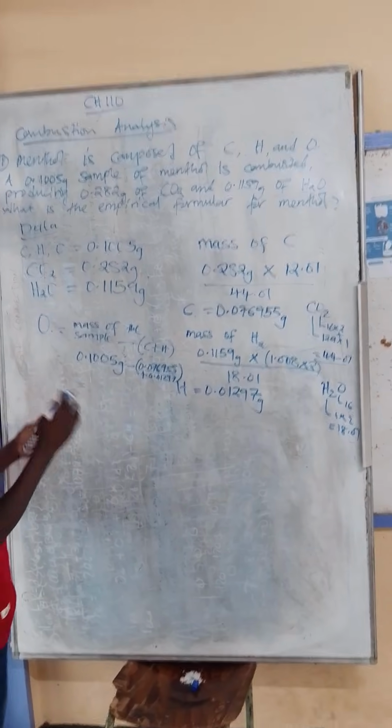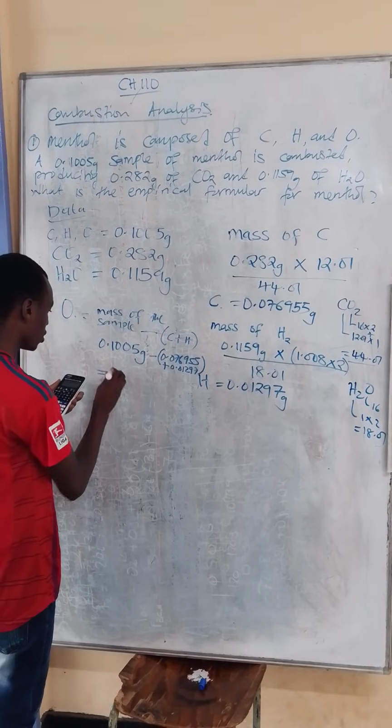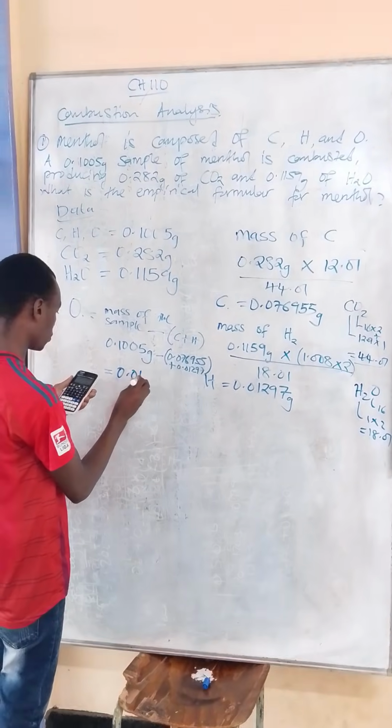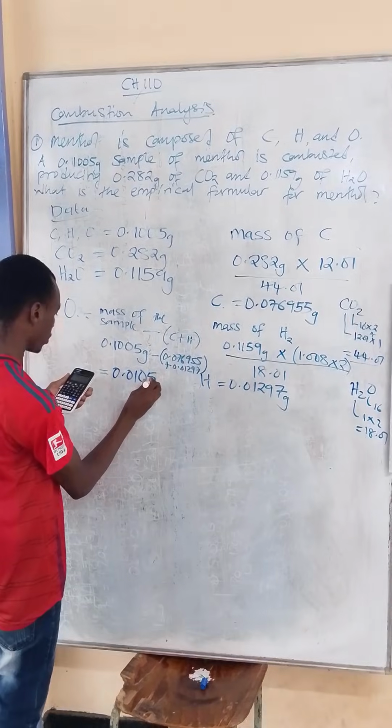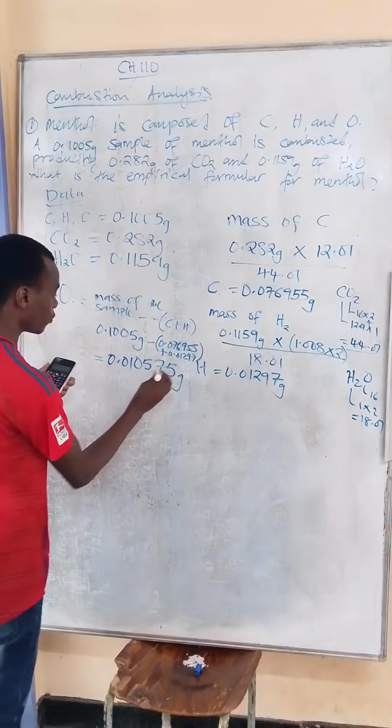When you put this on your calculator, it will give you something like 0.010575 grams. This is your mass for oxygen.